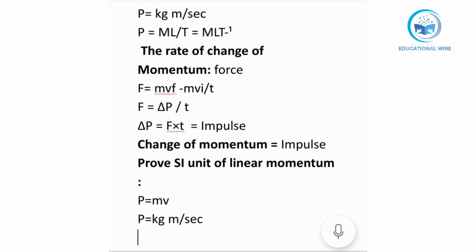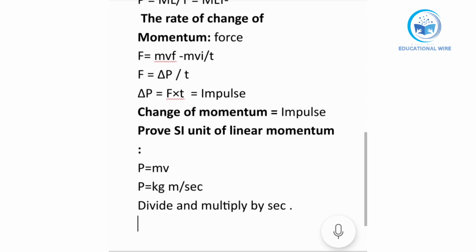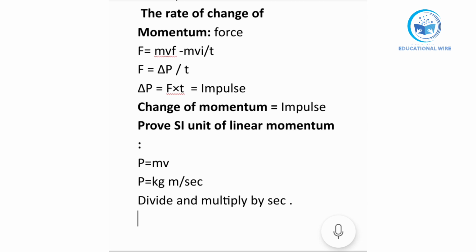Okay, now what we will do, we will use one formula: divide and multiply by second. When we divide and multiply, both cancel, so we will again receive the value of kilogram meter per second. So kilogram meter per second, here we will write multiply by second and divide by second.